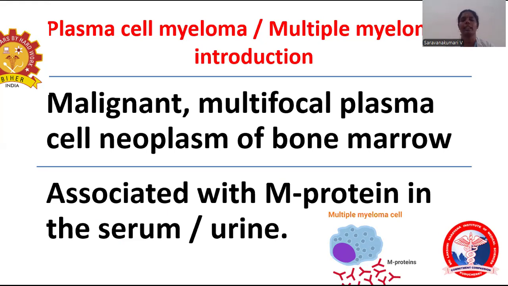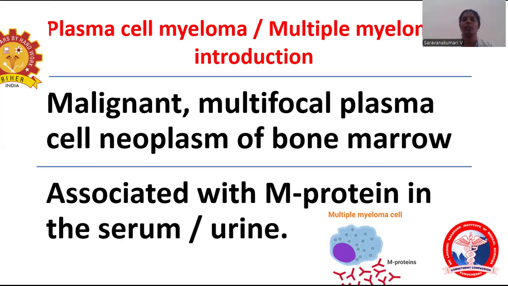This picture tells us that plasma cells generally produce antibodies, and only a meager amount of M protein is produced. But in the case of malignant plasma cells, instead of producing antibodies, they produce more M protein, and these M proteins will be detected in the serum and urine.